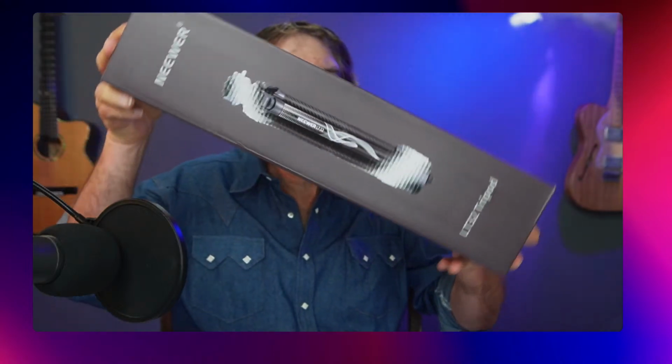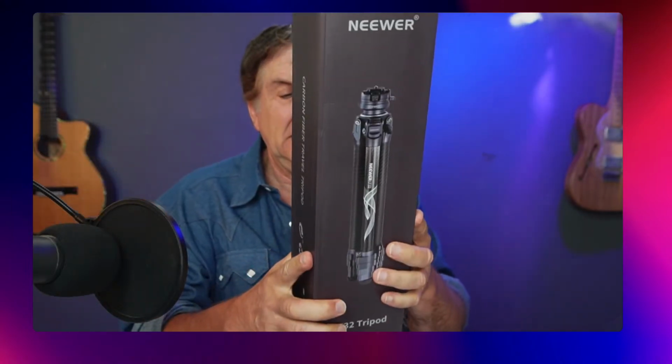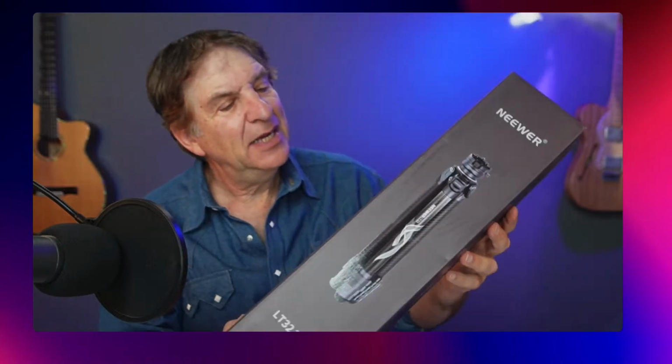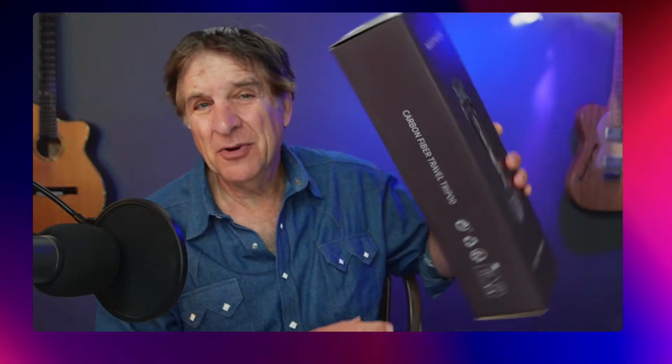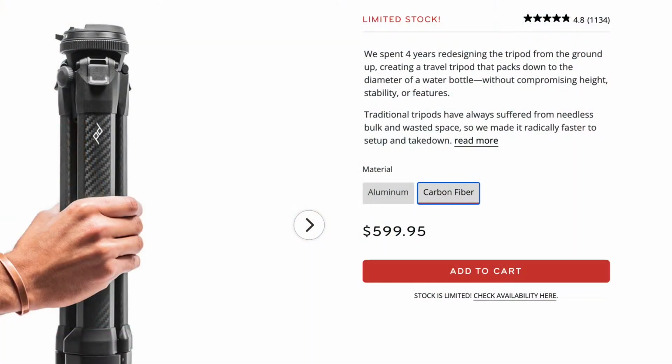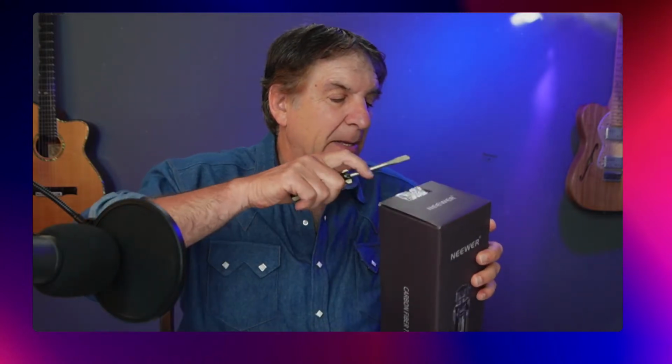The Neewer, made in China. It's the carbon fiber travel tripod. Now remember, I just showed you that picture. Peak Design is $600 and Neewer is $179. That's exciting, isn't it? Let's see what it looks like.